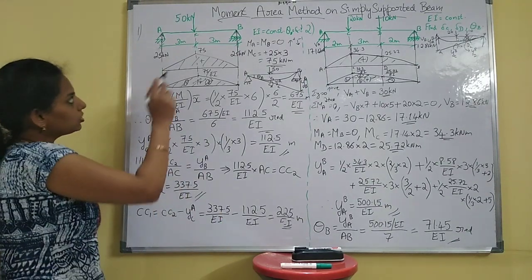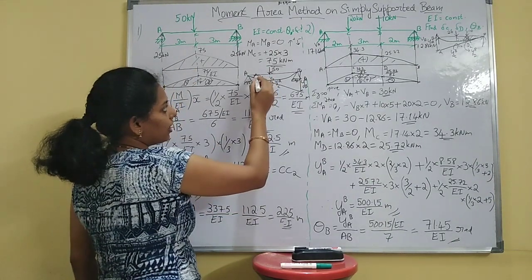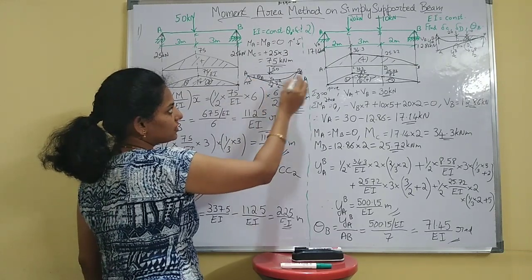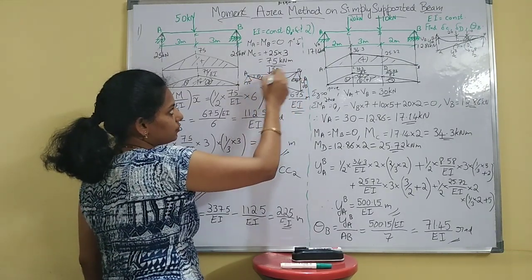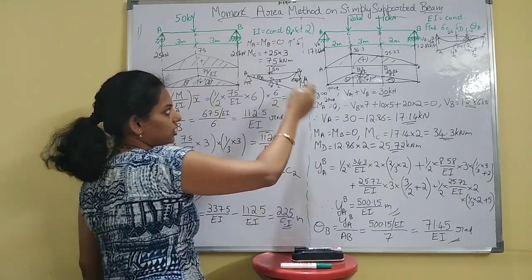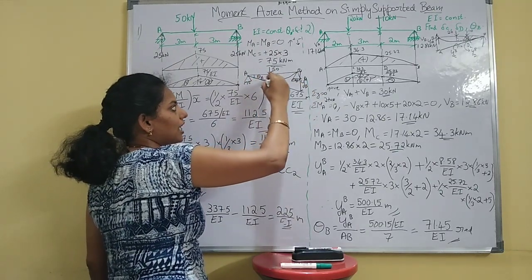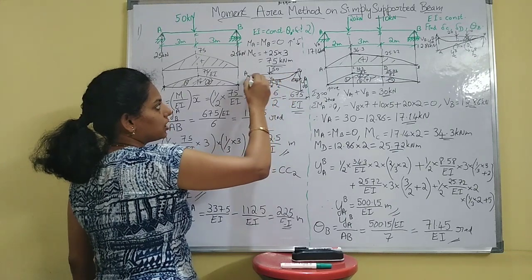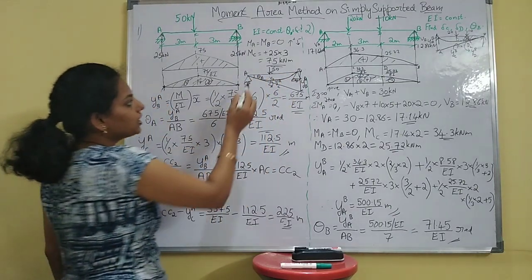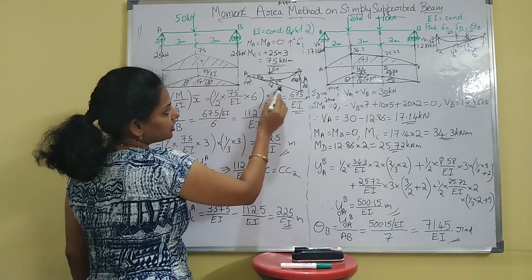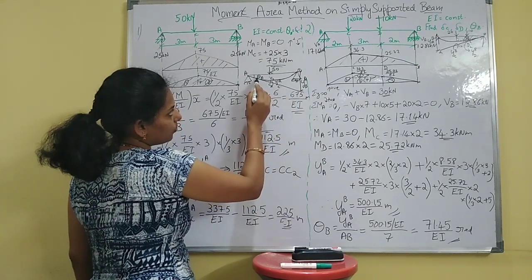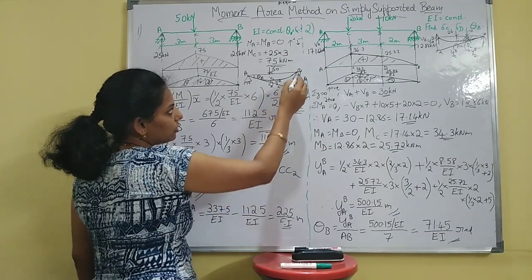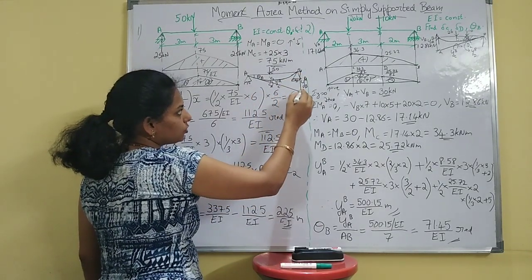To find the deflection and theta A, first draw the simply supported beam. For a simply supported beam, the elastic curve is in this direction. This is your elastic curve. If you draw a tangent at point A, you will have this from B to B1.